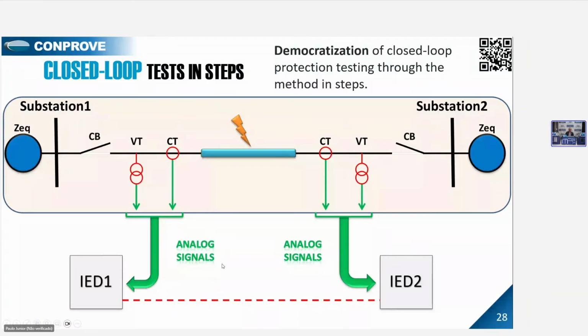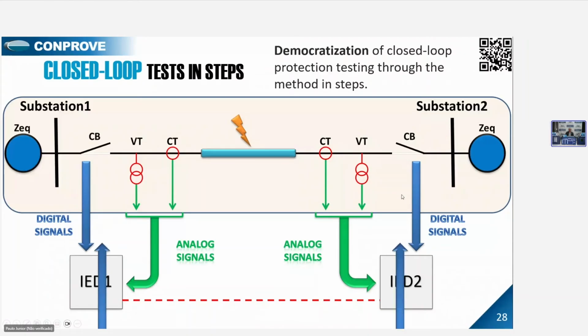We can inject the sampled values on the IED under test. Here we can do the digital signal and show the status of the circuit breaker using a binary output of the test set or sending a GOOSE message, and receive the trip command for our simulation using a binary input of the test set or subscribing to a GOOSE message.